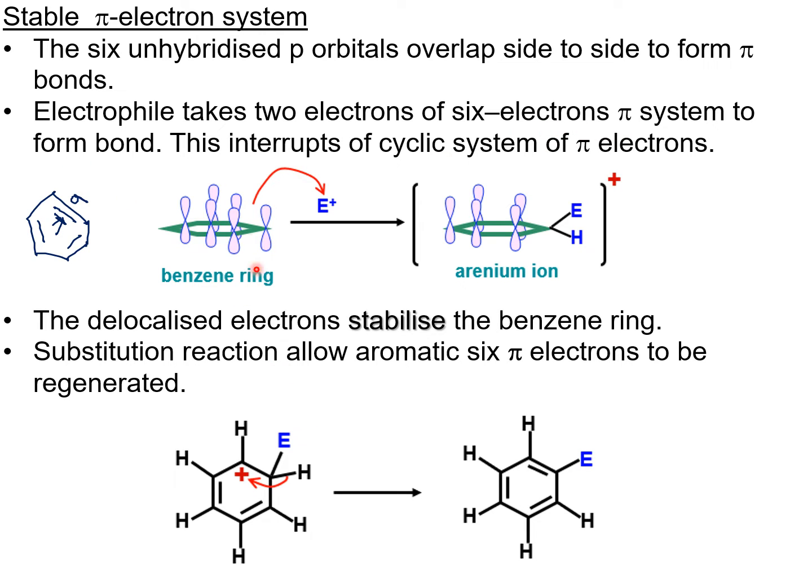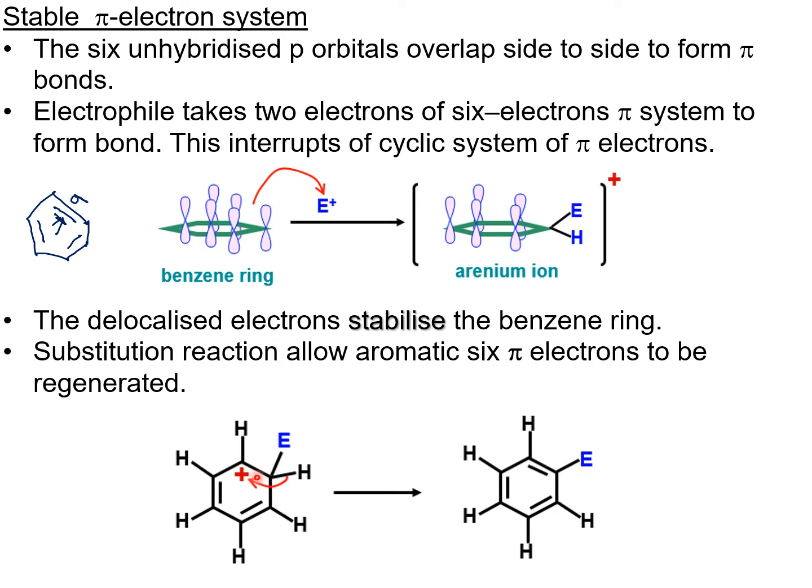Okay, like this. Therefore it will interrupt the cyclic system of the pi electrons. For example, from this double bond or pi bond, if it wants to form a bond with the electrophile, it will interrupt the bond. It becomes a single bond like this.